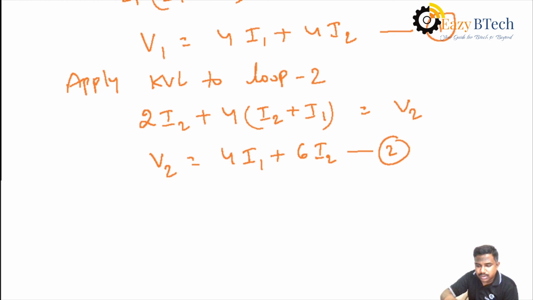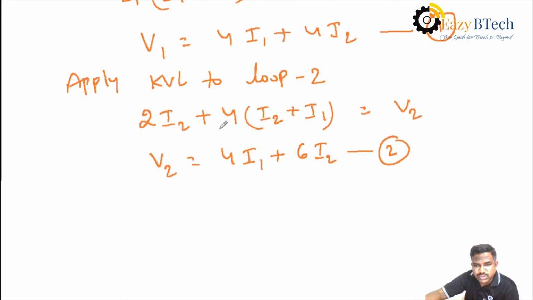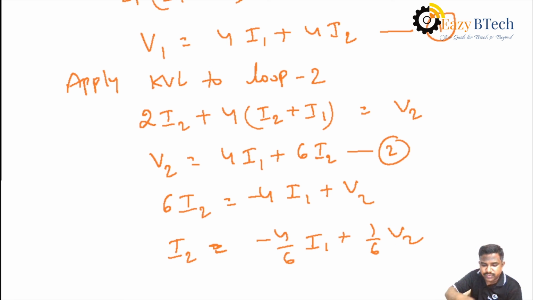Observe the equation here. Then what is the standard equation? We have to find out I2 value in terms of I1 and V2. That's why from equation 2, we have to find out I2 value. That is 4 into I1 minus, that is minus 4I1 plus V2. From that, I2 equal to minus 4 by 6 I1 plus 1 by 6 V2.